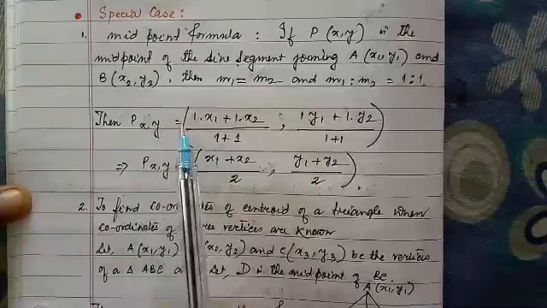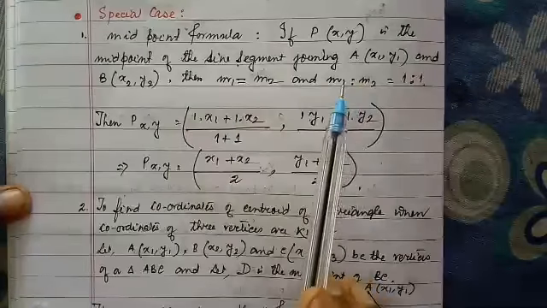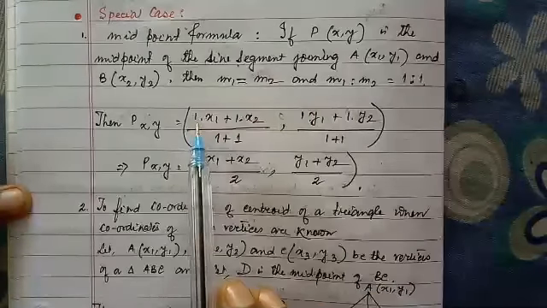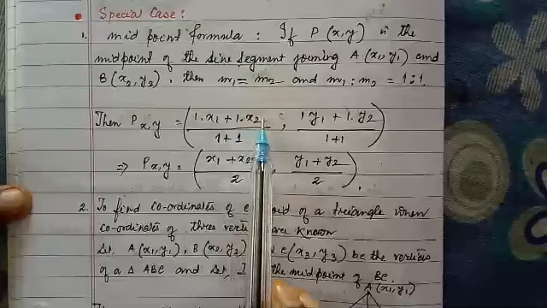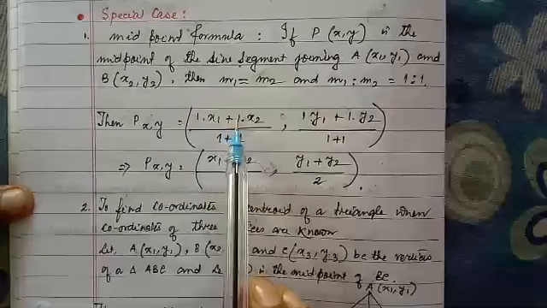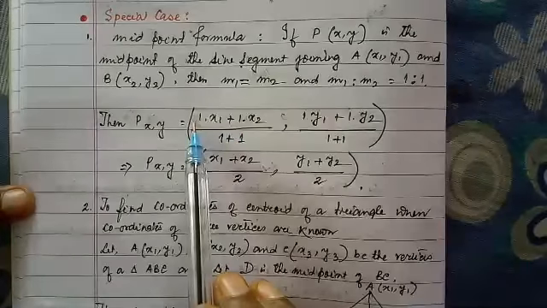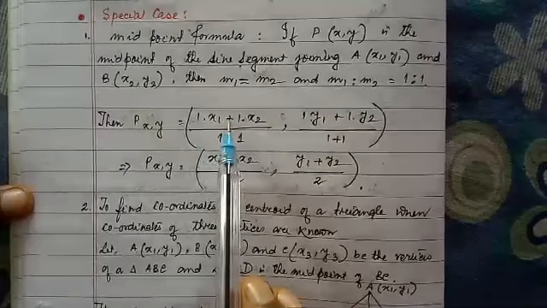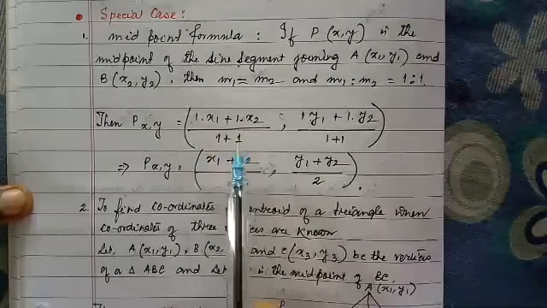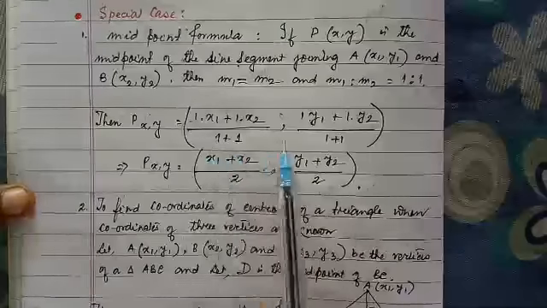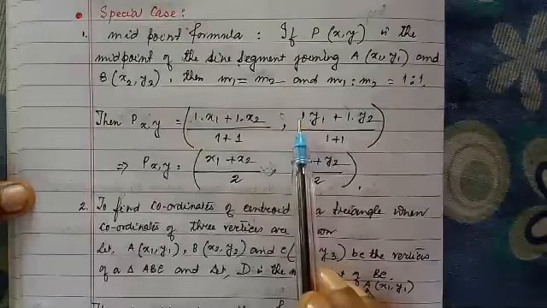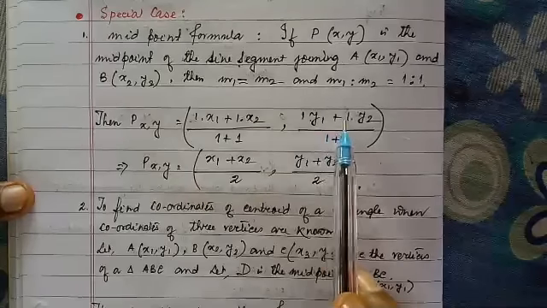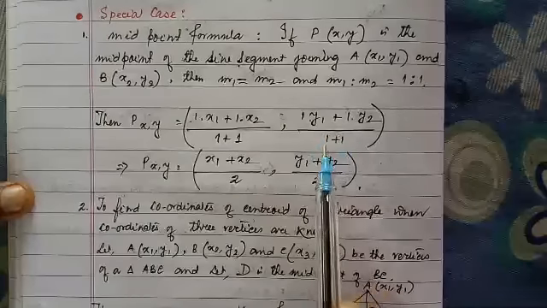Then P(x, y) is equal to, we can take m1 and m2 both as 1. So 1 into x1 plus 1 into x2 by 1 plus 1. Similarly 1 into y1 plus 1 into y2 by 1 plus 1.